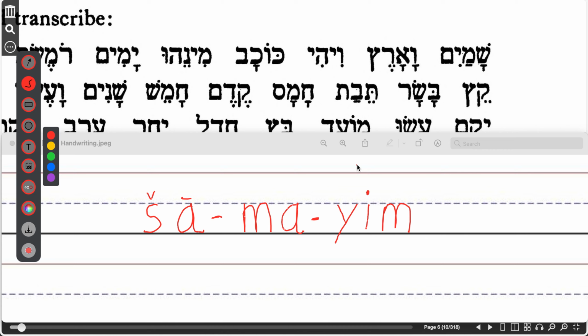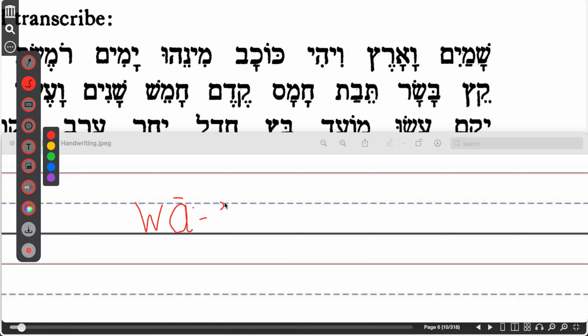Here we have another one. So this is our W sound. So there we go, W. And then we have the kamats, A, Wa. And then we have the silent letter, the Aleph, right?